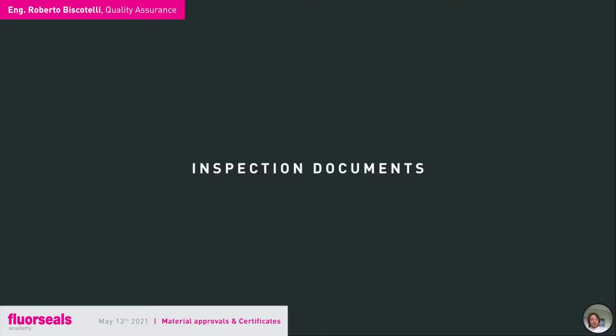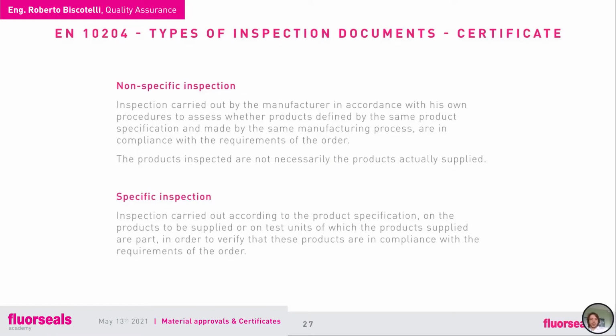So now we move to the last part of this webinar, and we talk a little bit about inspection documents. The EN 10204 divides certificates into two major categories: the non-specific inspection based and the specific inspection based.